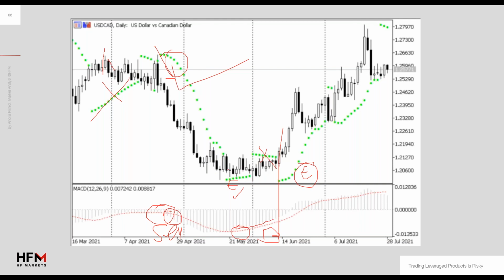Parabolic SAR over here agreed, but the price action was a bit sideways. So it was a bit of a question mark whether it's a good time to enter or not. The confirmation for a buying signal came over here, to be more precise, when the parabolic SAR turned again below the price, which is a buying signal, and at the same time, the market broke out of this ranging market. Can you see that?